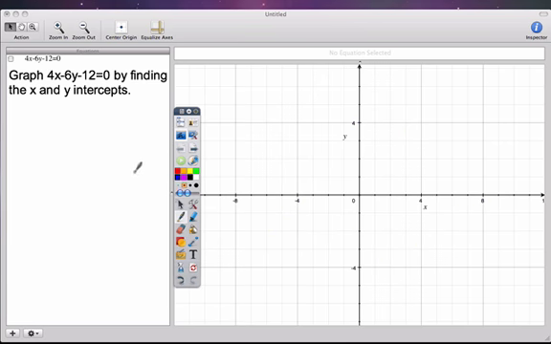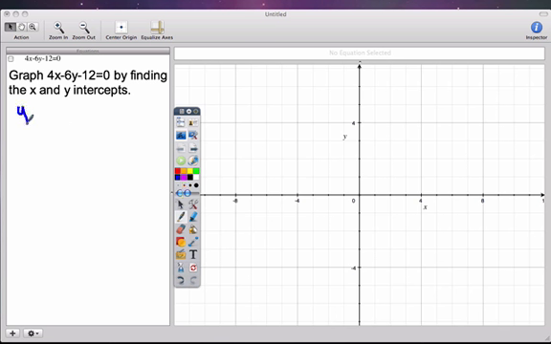Our problem reads, graph 4x minus 6y minus 12 equals 0 by finding the x and y intercepts. If we can find the x and y intercepts, we will have 2 points, and we can draw a line through them for our graph. And we're going to use what we just observed about our x and y intercepts to find their values.